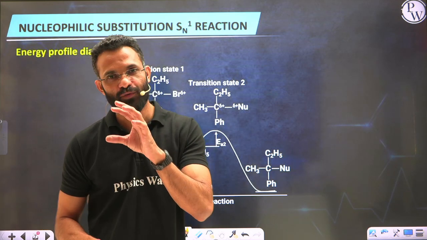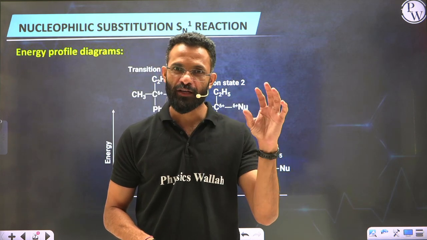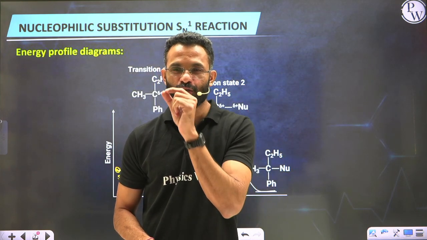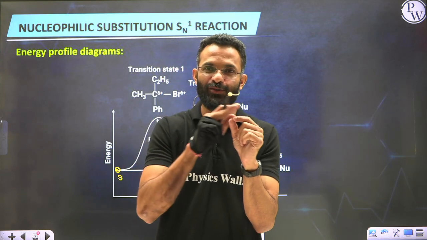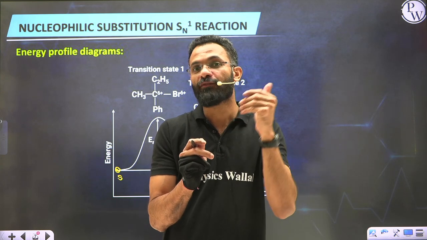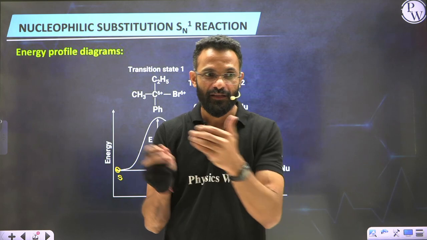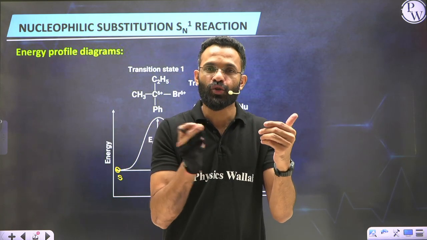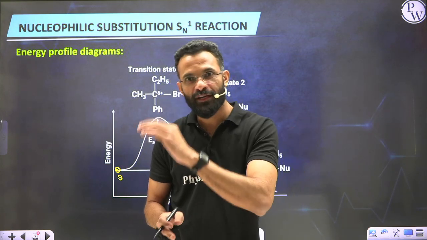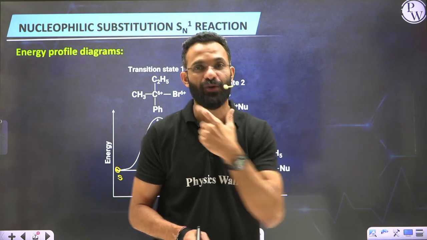You had a substrate. That substrate, in the presence of a polar protic solvent, initially underwent slow dissociation of a carbon-halogen bond. When the bond was partial, we got formation of transition state 1, in the rate determining step. As the reaction progressed, slowly the substrate got converted to the transition state, which is the state of highest energy content.